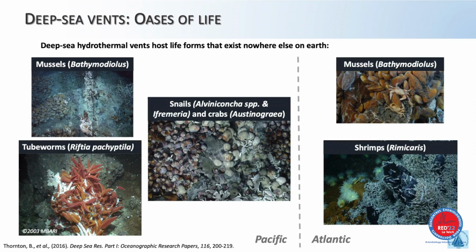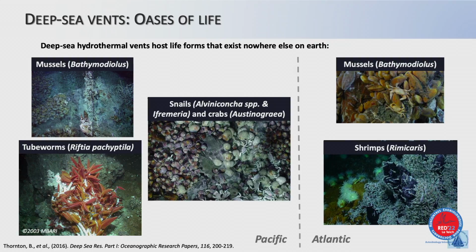So when you reach a deep sea vent, what you can see first is all the macrofauna. You can see different mussels, the really well-known tube worms, Riftia pachyptila, and also some snails, and some crabs here. And we know that we have different fauna between sites, between geographies.